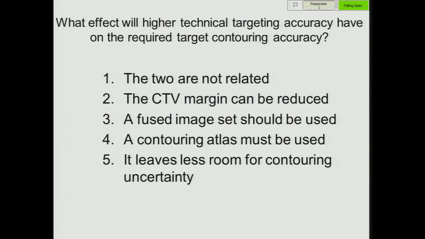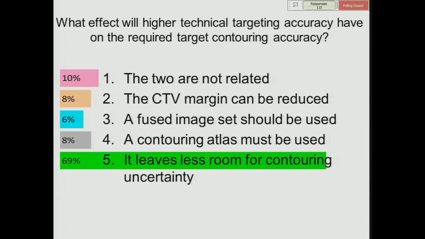Just to go back to that paper, what effect will higher technical targeting accuracy have on the required target contouring accuracy? They're not related. CTV margin can be reduced. A fused image set should be used. A contouring atlas must be used, or it leaves less room for contouring uncertainty. Yes, most of you got it.